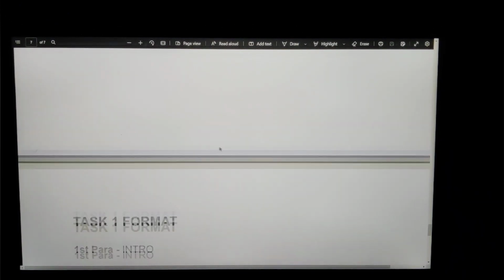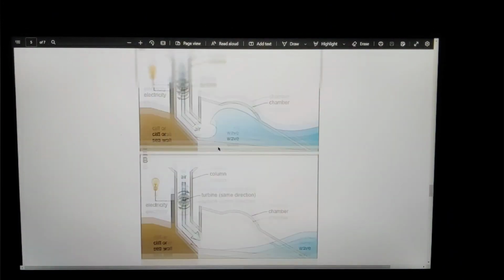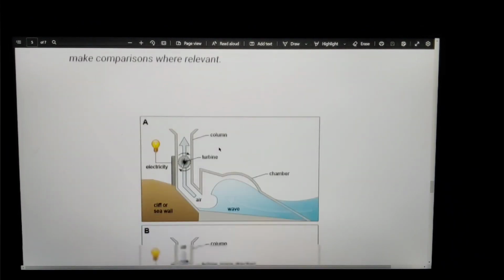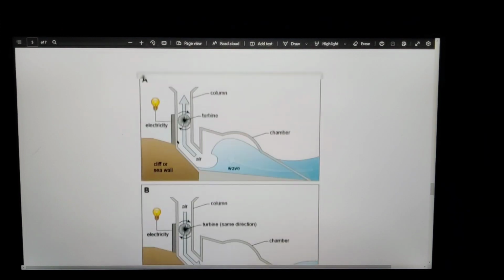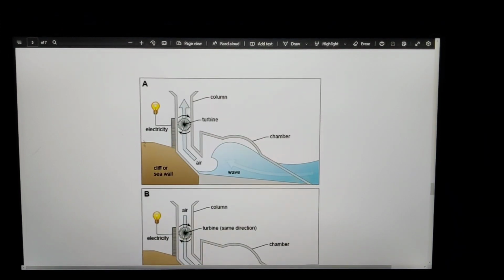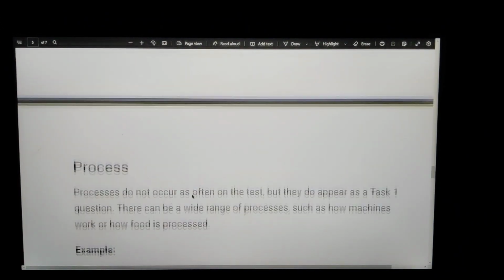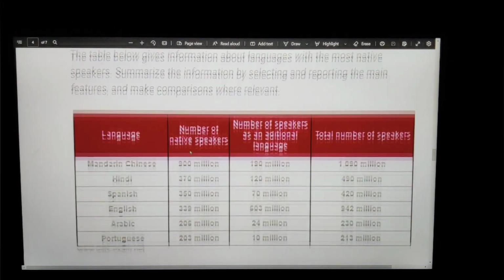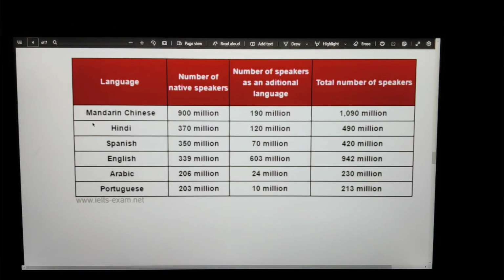For instance, if we talk about process diagrams, the second paragraph will be an overview paragraph of both diagrams A and B, highlighting the main features. It will be a short summary of both A and B, but it would not be the same for tables. For this table, the second paragraph will be the number of speakers.